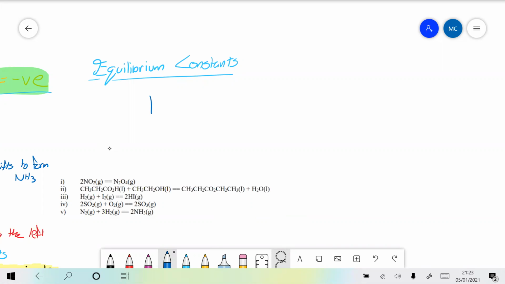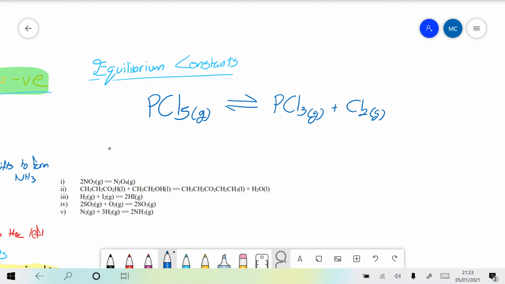Or let's use, in this case, dissociation of PCl5, gaseous, to give PCl3 gaseous plus Cl2 gaseous. So it's an example where we need to find the constant. So what is the constant? The constant is the ratio of the products. So we'll say Kc is equal to the concentration of products over the concentration of reactants.